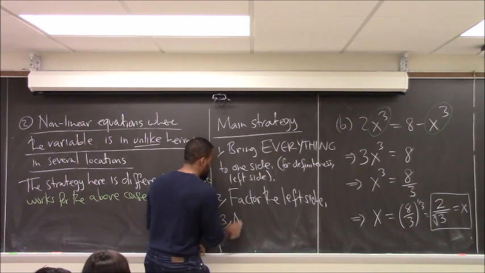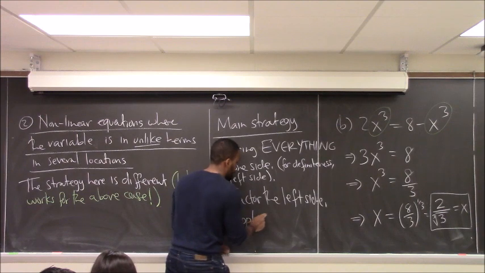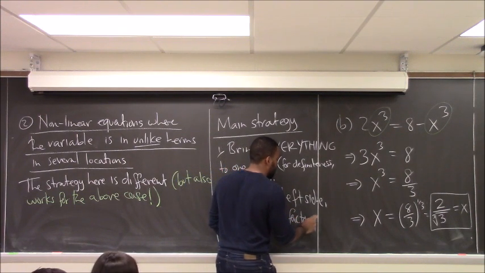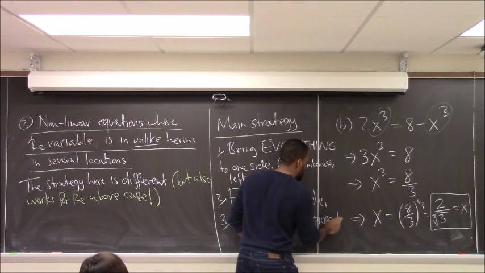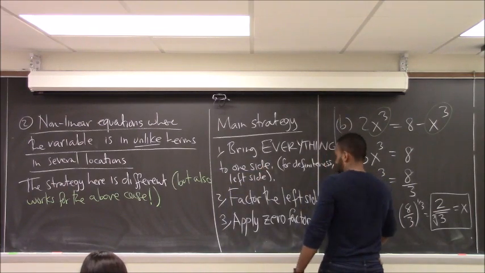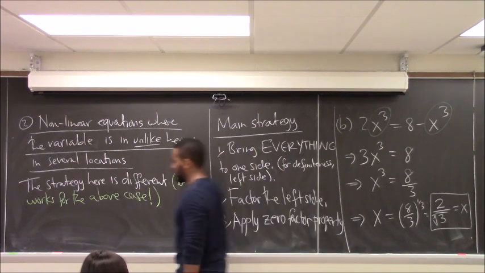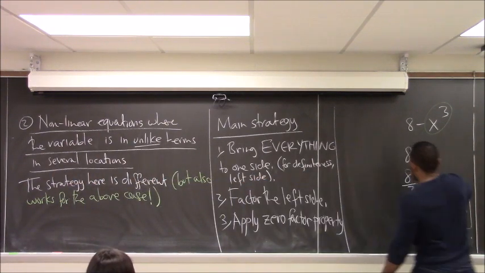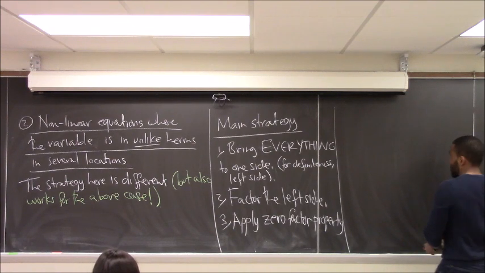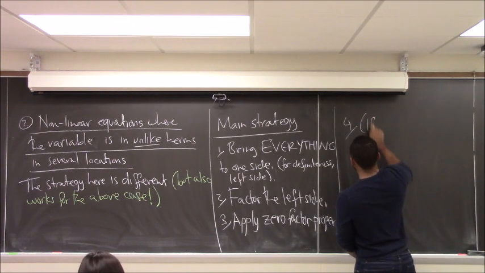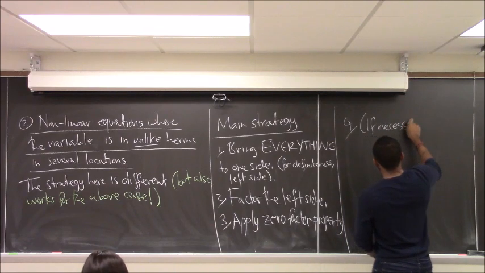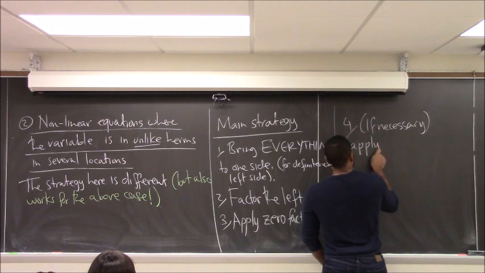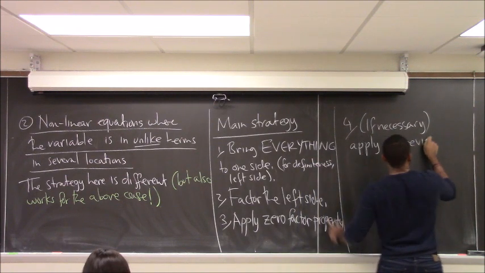Three, apply the zero factor property. Four, if necessary, it might not be necessary, apply a previous strategy, like the linear strategy.